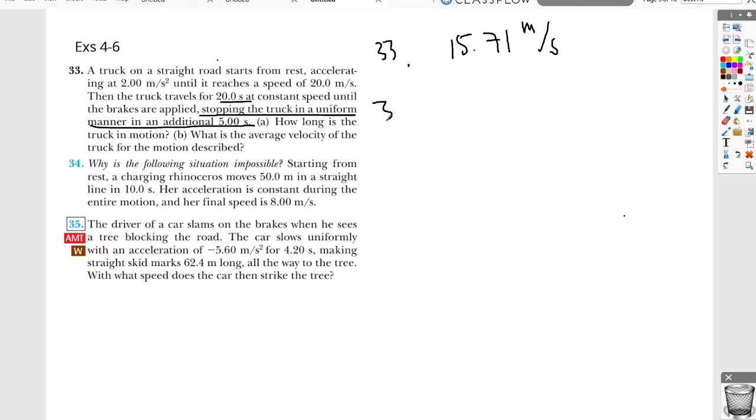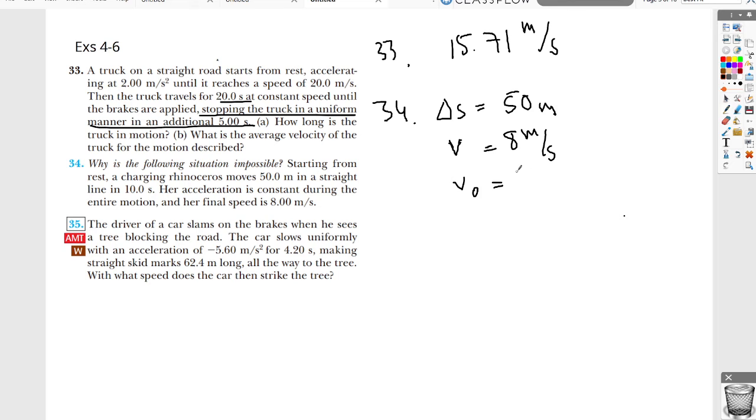So we have our delta s, 50 meters, our V final is 8 meters per second. Actually, I'm just going to say V, just V. V is 8 meters per second.